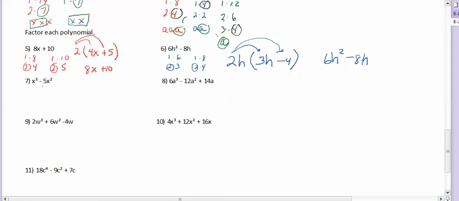What do they have in common? This has an x, an x, and an x, and this one has 2 x's. So how many x's do they have in common? They both have 2 x's. So that's what I'm going to put on the outside of my parentheses, x squared. Then x squared times what is going to give me x to the third? It's one more x.